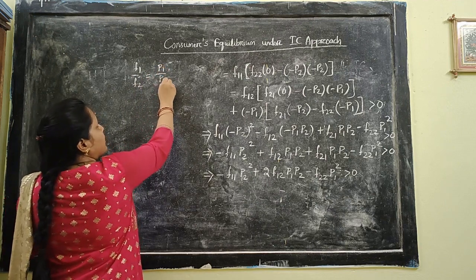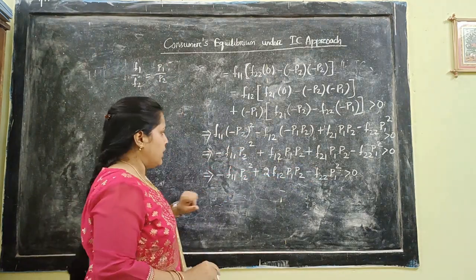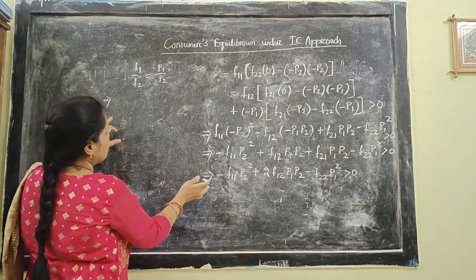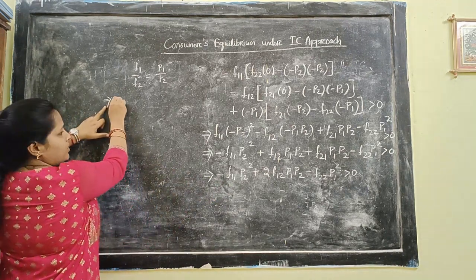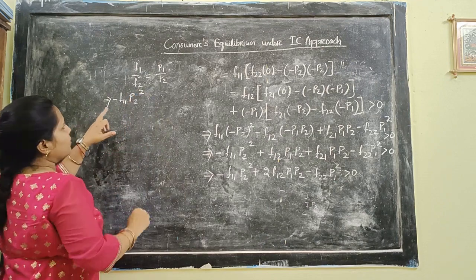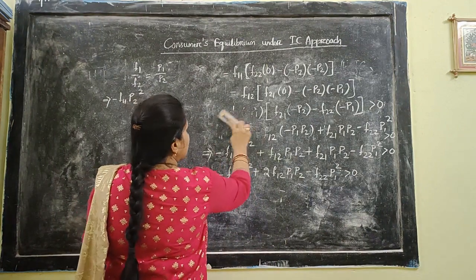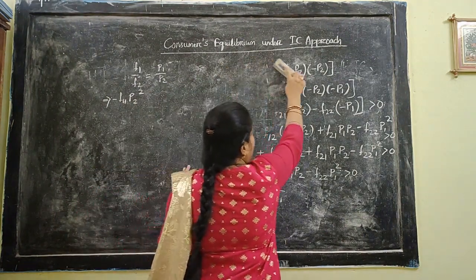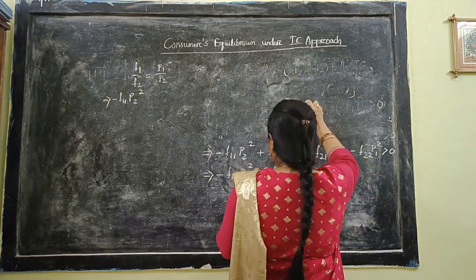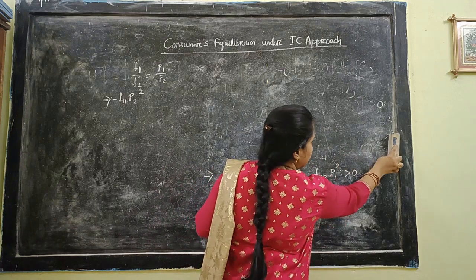So we have to substitute this here in some terms, right? Suppose this implies, and from the last equation itself I am starting, minus F11 P2 square. So let me erase this portion. I am just keeping the last equation, so it will be easier for derivation.